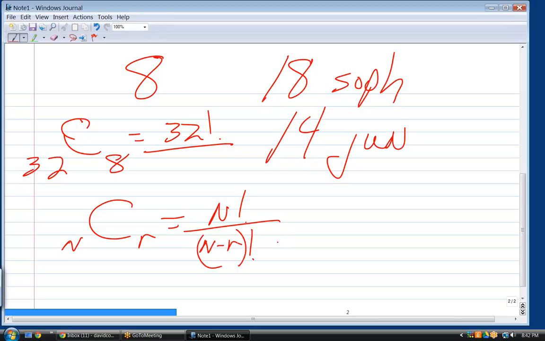Question is, what is this? Well, if there's 2 n's and 2 r's, it's got to be r factorial. That's how I remember it, because for a long time, I could never remember whether this was n or r. So this becomes 32 factorial over 24 factorial times 8 factorial.